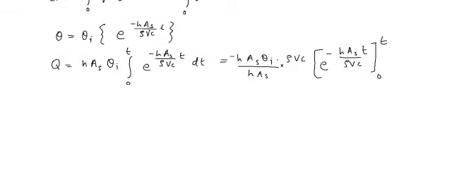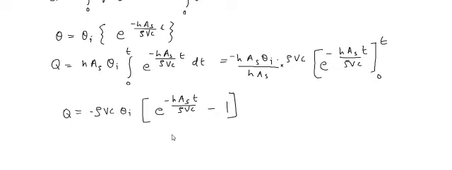Now if we evaluate this, we get Q, the total heat transfer, will be equal to what? h and h get cancelled, so this is negative of rho Vc theta I times e raised to the power. The upper limit gives e raised to minus hAs t over rho Vc itself, and the bottom one is e raised to 0, which is 1, so this is minus 1.